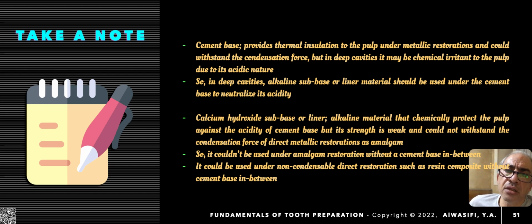If you are going to restore your tooth with non-metallic restoration, such as composite resin, it could not irritate the pulp mechanically because it is not a condensable material, and it is not going to irritate the pulp thermally, as it is a thermal insulating material. You need just to seal the very deep area with calcium hydroxide, apply your bonding agent and apply your composite material.